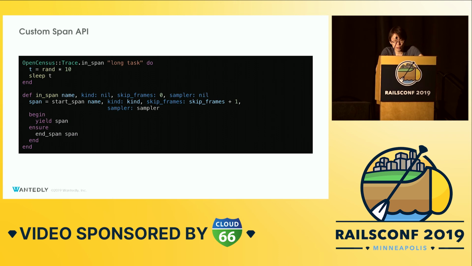And the in_span method basically creates a span using the start_span method, calls the block given, and ensures the span is closed. You can actually use start_span and end_span methods individually instead of in_span, but make sure you call the end_span method at the end.